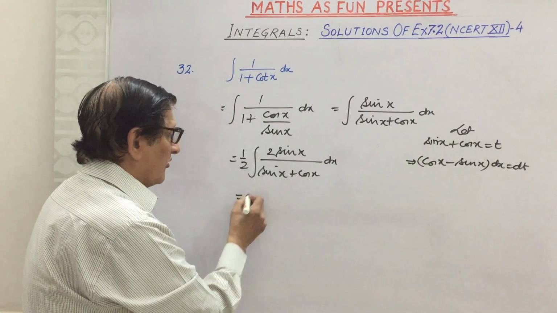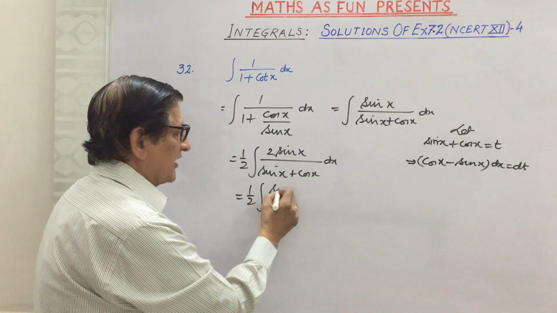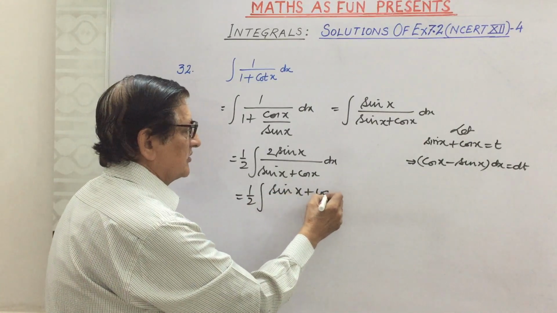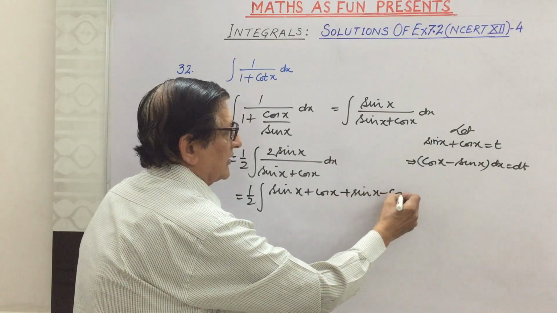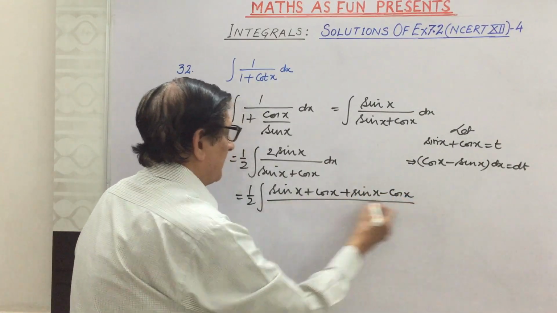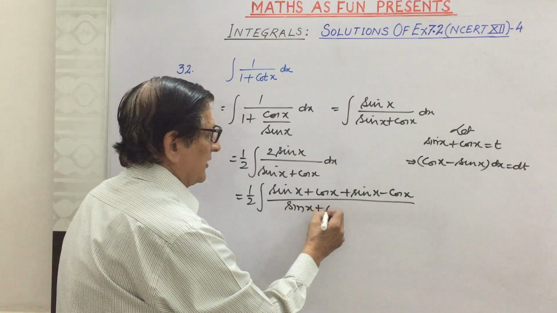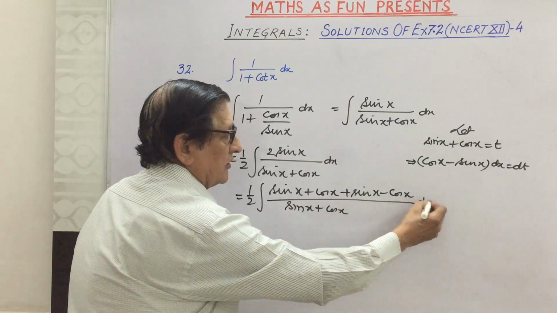So we write this as sine x plus cos x plus sine x minus cos x upon sine x plus cos x dx.